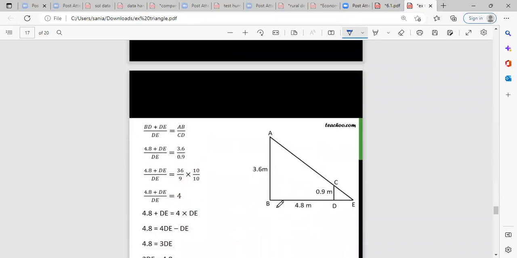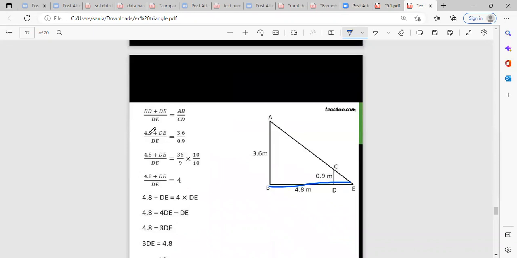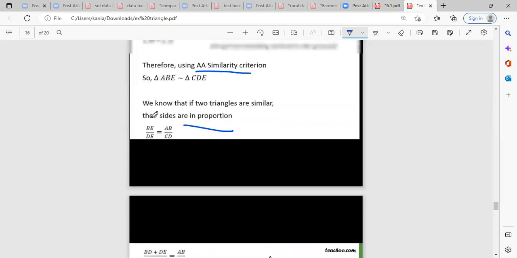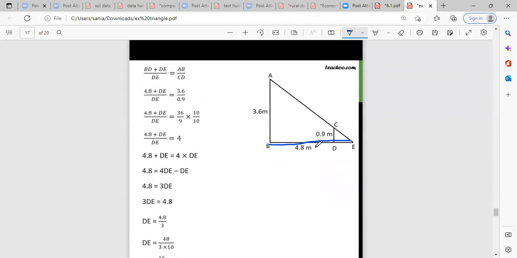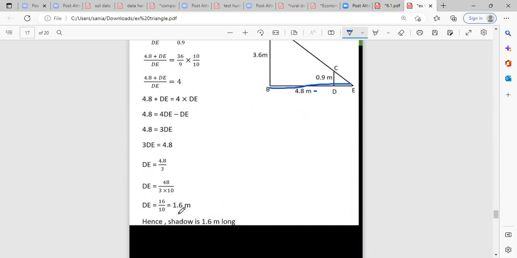How are you making BE? BD plus DE. Now you will put the value 4.8 plus DE, because you don't know the value of BE. That's why you need to split it, because you know this, but you don't know this. Other values, you know everything. You know AB, you know CD, you will put the values and you will get the answer.